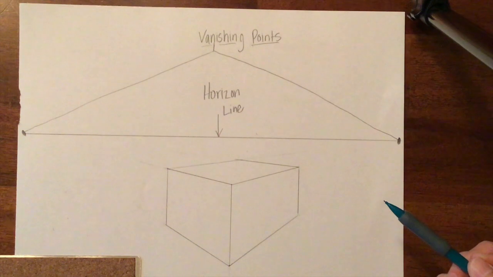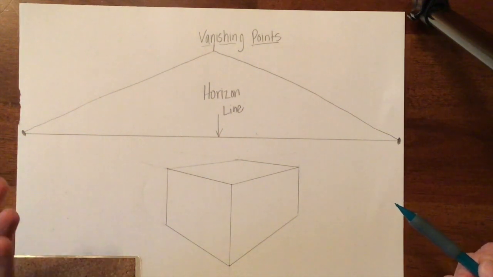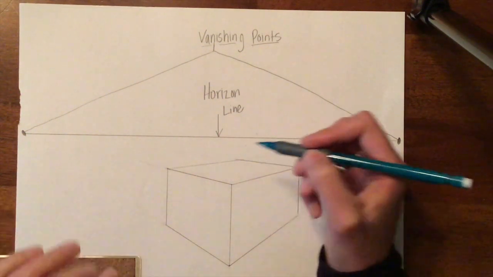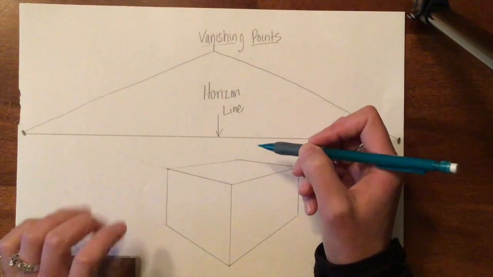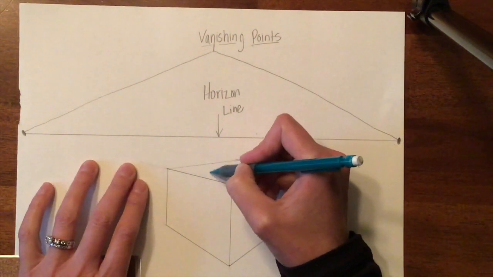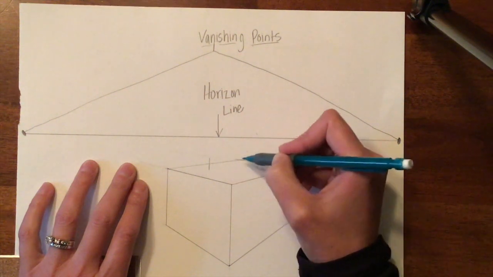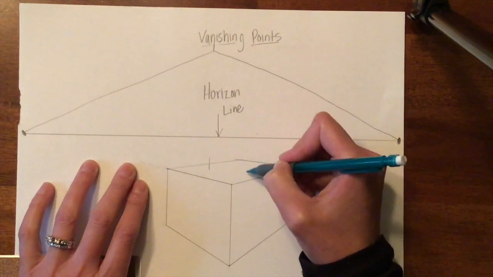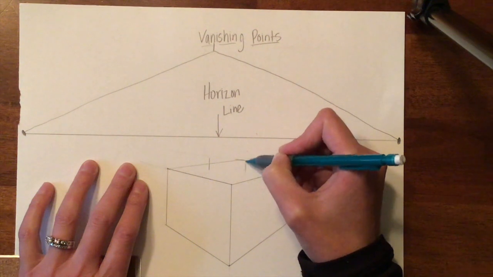Now we're going to go a little bit further. I'll show you how to do it right now. You may just want to practice drawing the boxes today, but we're going to go a little bit further and we're going to turn these into Legos.